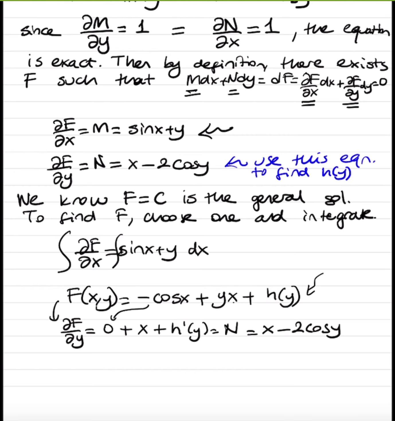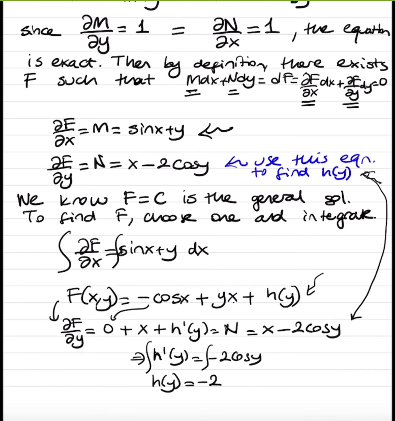Because we said we will use this to find h(y), and when we cancel the x's, we find h prime of y is equal to minus 2 cosine y, and we just integrate. h(y) is minus 2, the integral of cosine y, which is sine y.